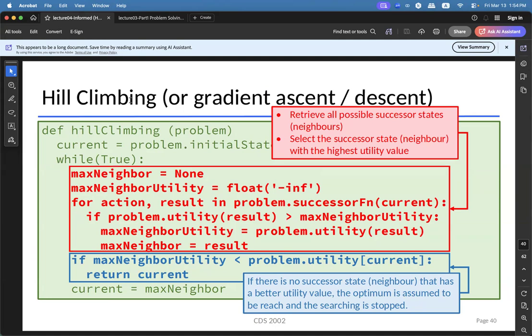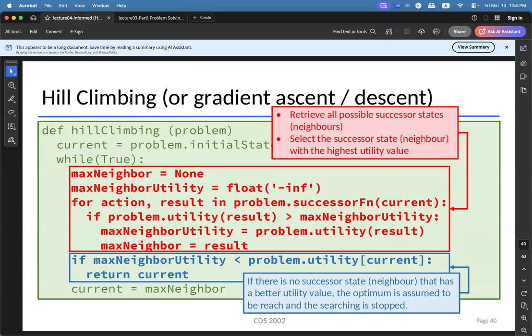Essentially, what we are doing in the hill climbing algorithm is that we start from an initial state, and for that initial state, we try to find all its neighbors. For all the neighbors, we choose the neighbor that gives us the highest objective value.